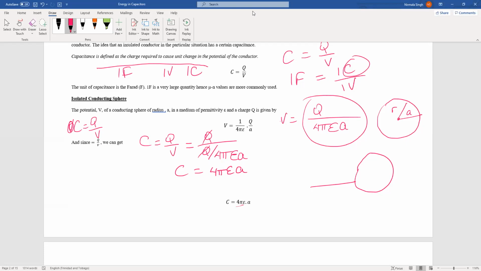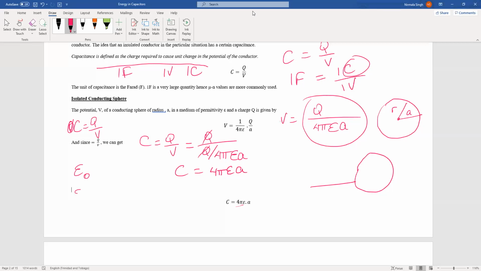It's going to be 4 pi epsilon, which is the permittivity of a material. We're not looking at the permittivity of free space. The last day, remember we said this, in charges we looked at epsilon naught, which is the permittivity of free space, because we looked at the action within a vacuum or in space.